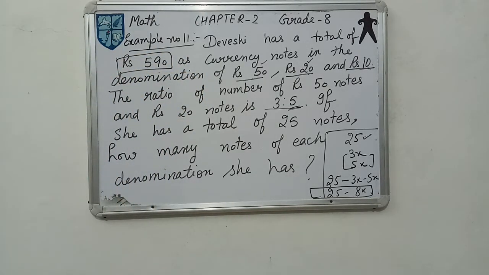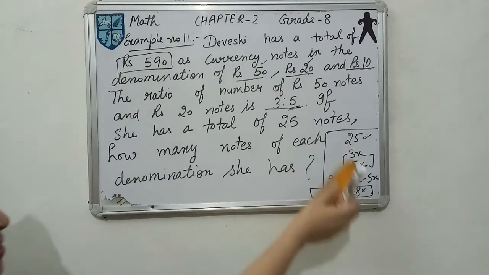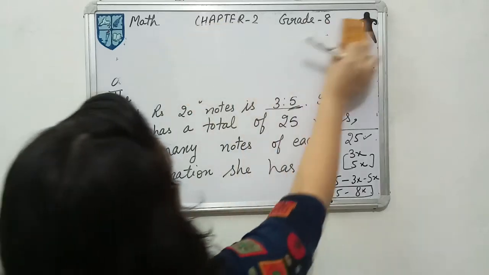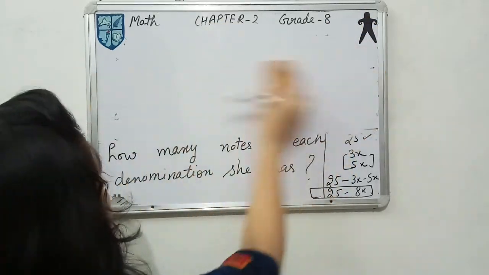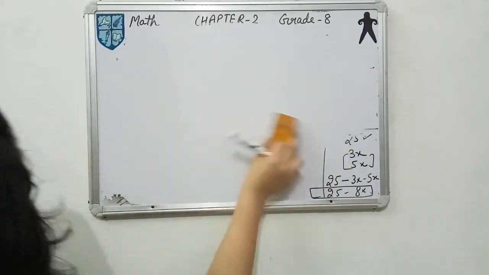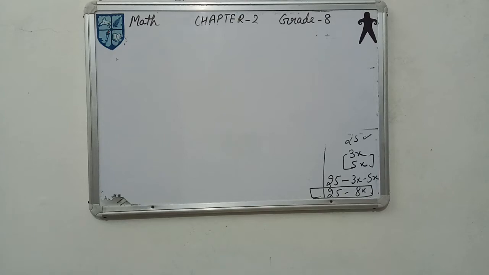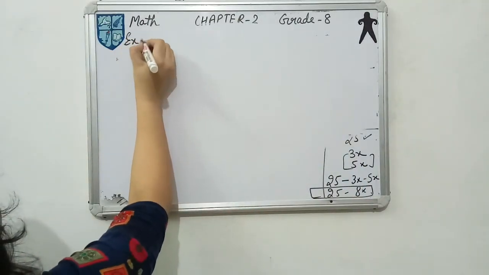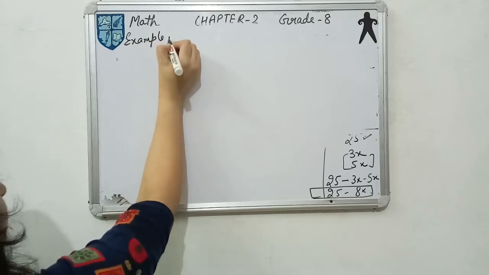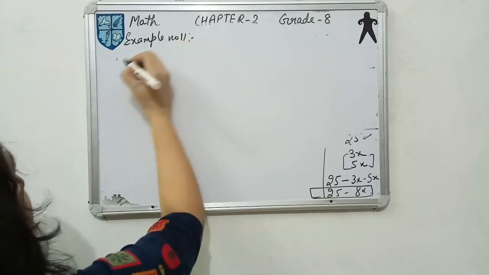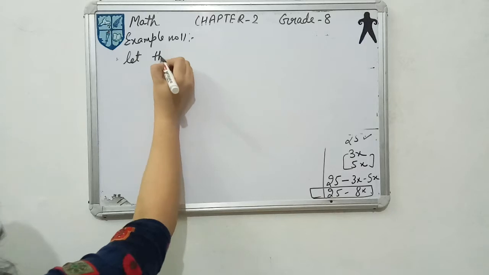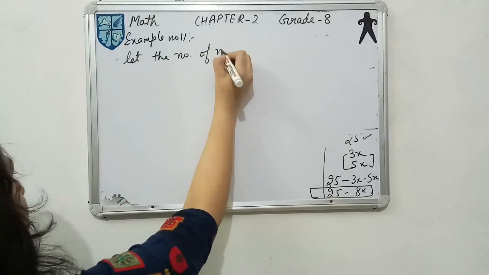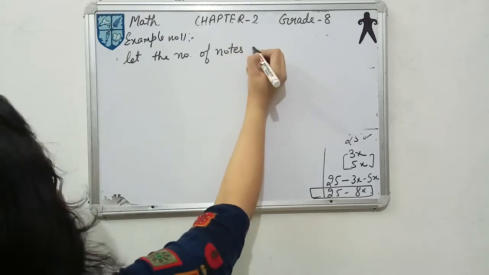So first of all, how to write this? These three things we need to let down, so I'm just erasing it. First, you have to mention, example number 11, we will let the number of notes of rupees 50.